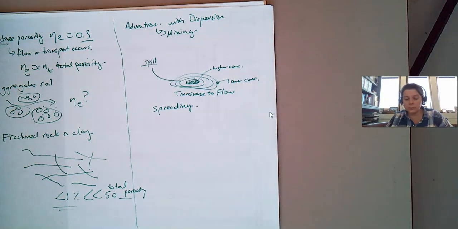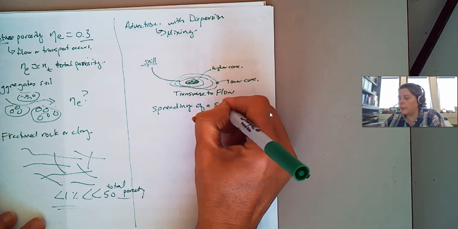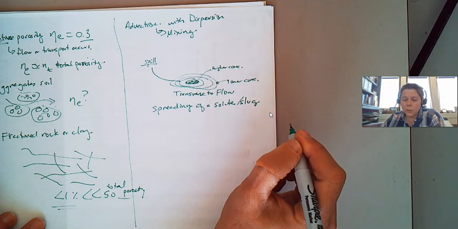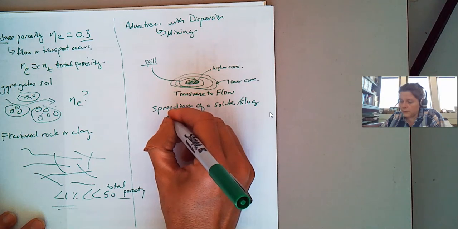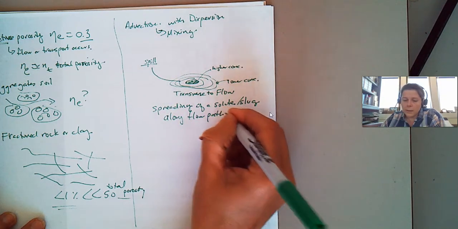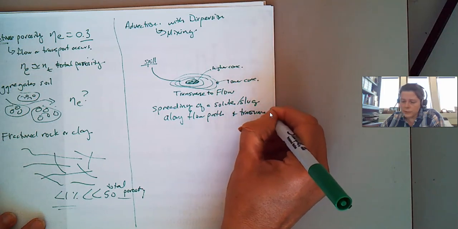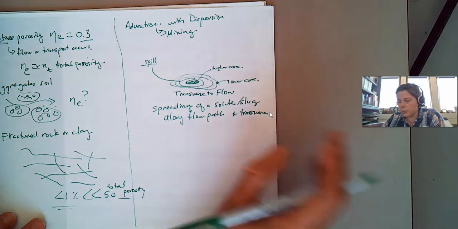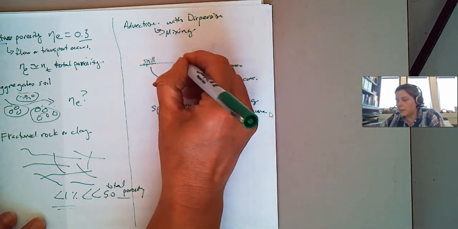So again, we're going to have spreading of a solute or a slug, both along the flow path, and transverse, and it's referred to as dispersion. So we have our spill, our little gasoline.